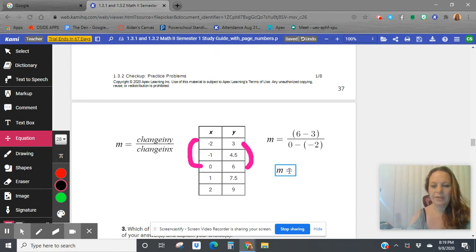So that's going to be 3 over 2, because negative times negative equals positive 2.